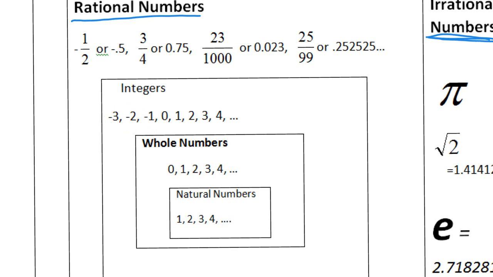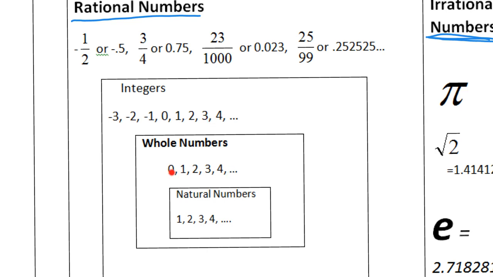On the left side of the 0, we have -1, -2, -3, and it keeps going, -4, -5, -6, -7, -8, all the way to negative infinity. So those are integers. Now, look at the numbers very carefully. Integers are not decimals, they're not fractions.